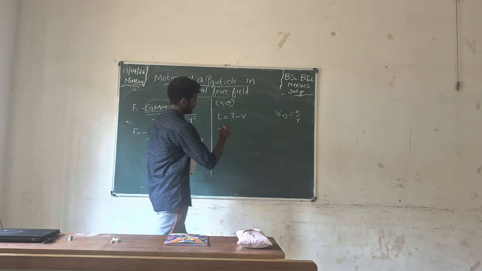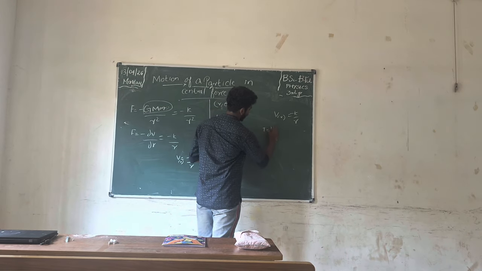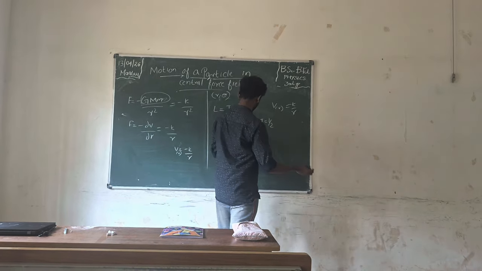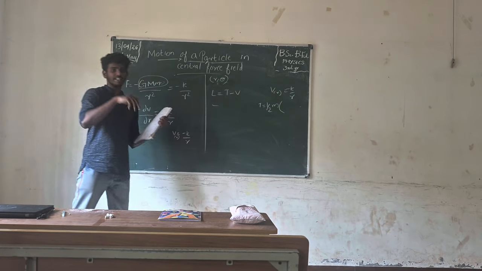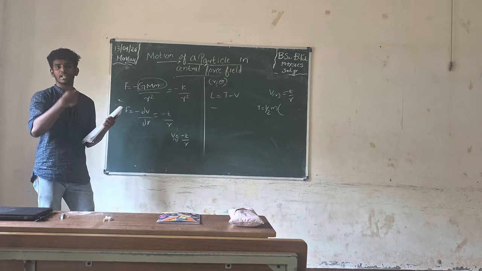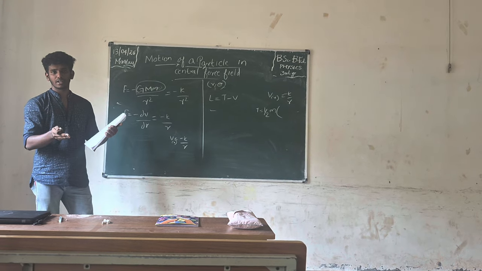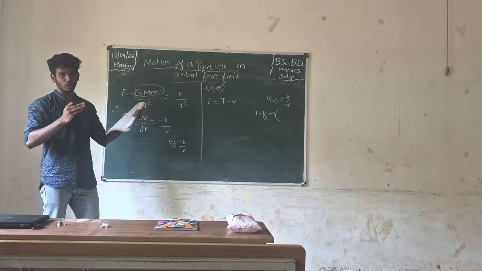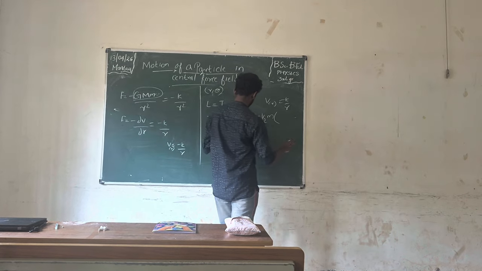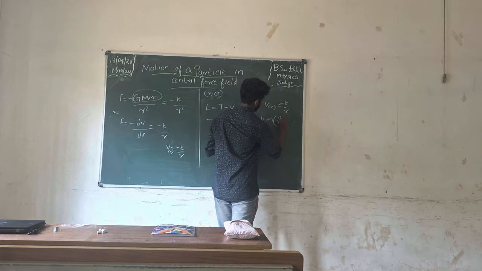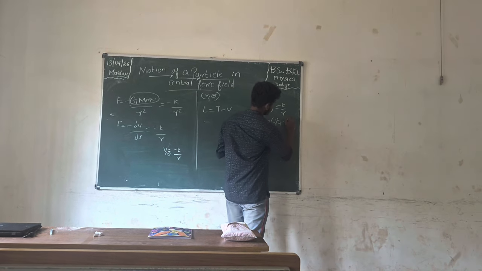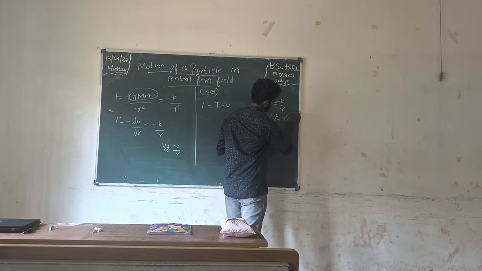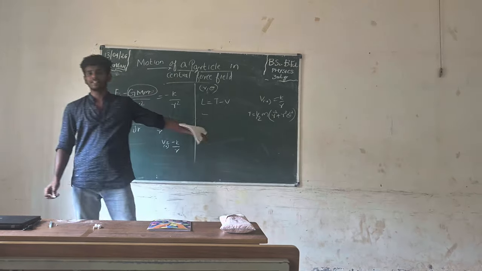So we can write T as half into m into r dot square plus r square theta dot square, because theta dot is the angular velocity.